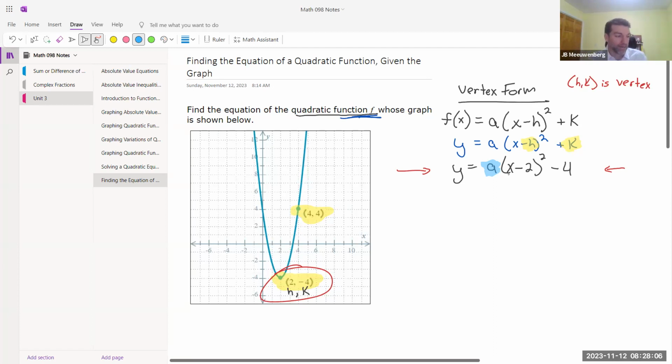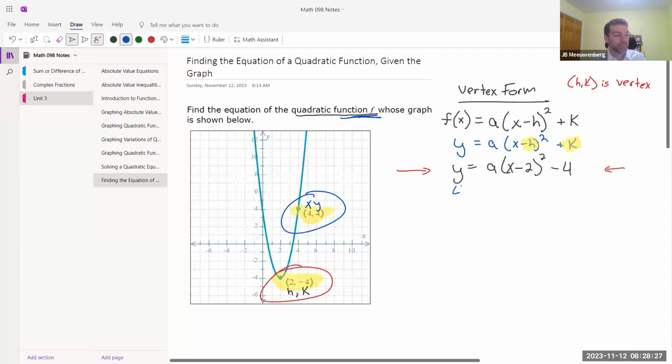So how do we do that? Well, we're going to use the other point, this one right here, as the random x and y values that go together. x and y, that's just any point on the line. So we're going to use (4, 4) as our x and our y in this equation.